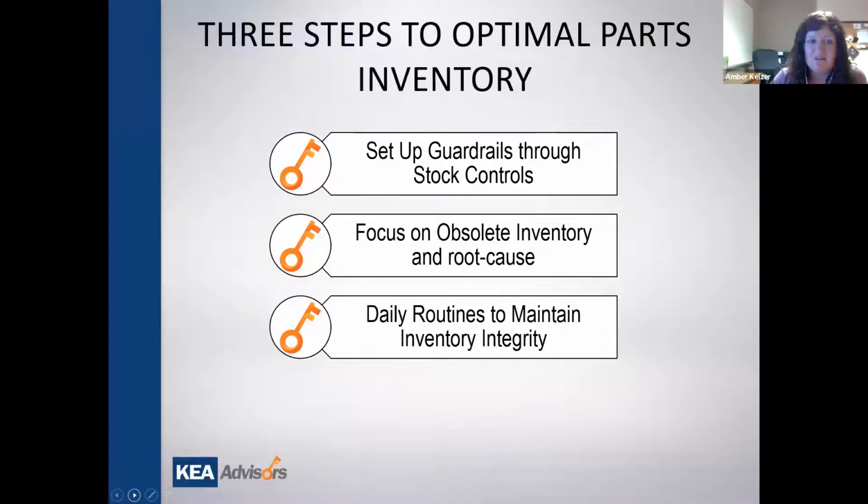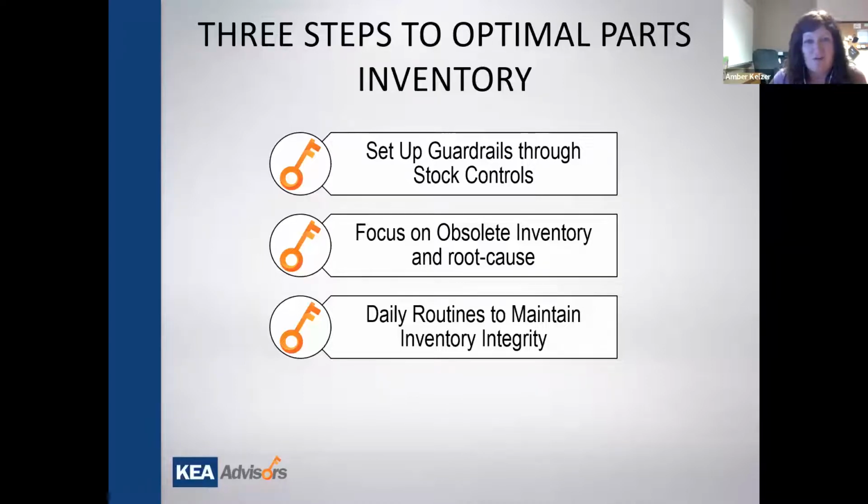Absolutely. For me, when I look at an inventory, the very first step is understanding what am I allowing to come into the shop and sit on my shelves? Because I want all the right parts in all the right quantities, but I do want to make sure I don't let something come in that's just going to sit there, get old, and I'm going to have to scrap it in a year and a half and not get any money back on it, or get 5 cents on the dollar back on it.